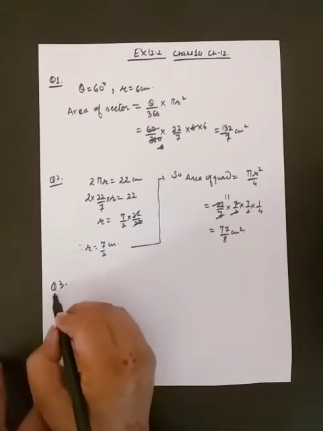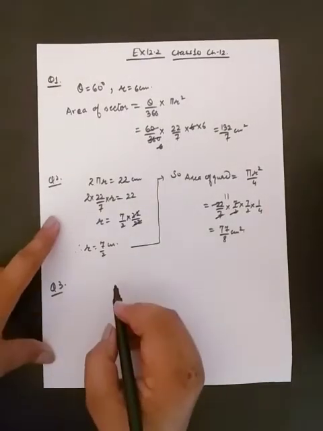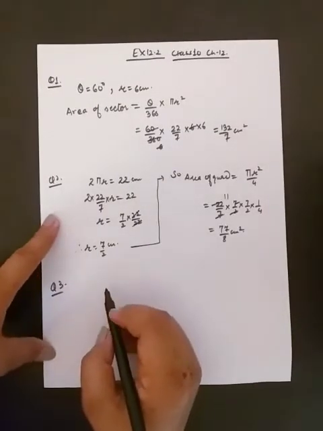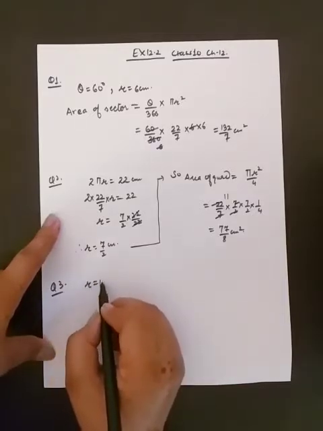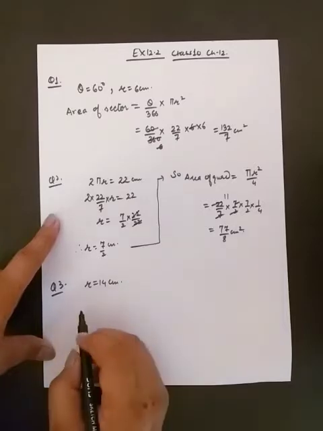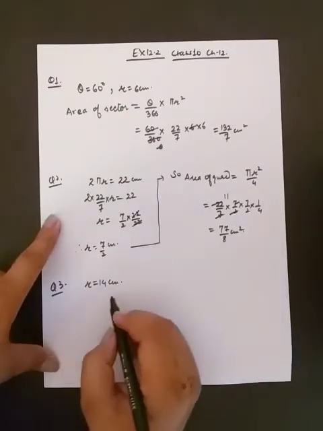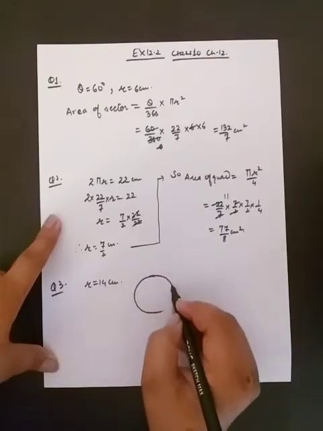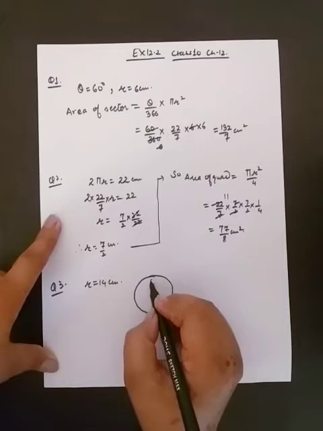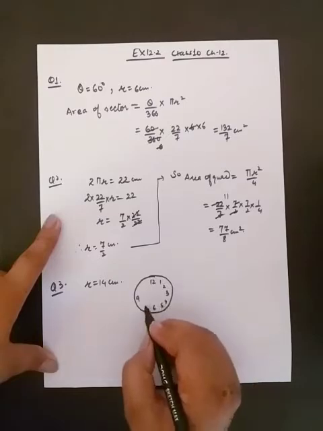Question number 3. The length of the minute hand of a clock is 14 centimeter. It means radius is 14 centimeter, and we have to find the area swept by the clock in 5 minutes. You can draw the figure of a clock here like this.